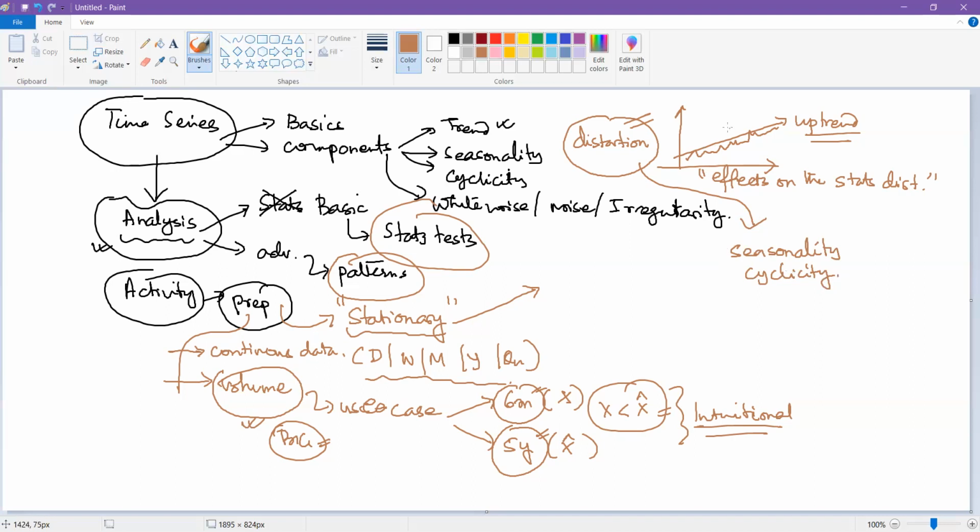So what I mean by this is, let's say I have a time series which is looking like this, right? So clearly, if not cyclicity, at least I have seasonality and I have trend. So I have a clear uptrend and I have seasonality also, which you can see inside the sections like these.